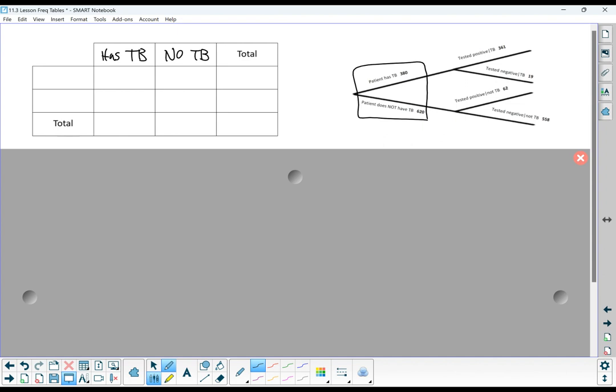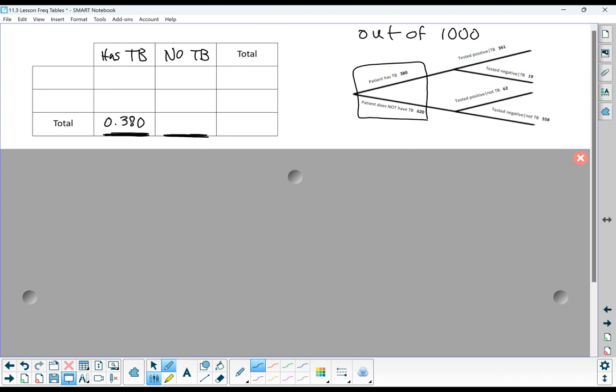So we need to think about the frequency that they have TB, and the frequency that they don't have TB. And these are totals. So it was out of 1,000 patients. For the patients who have TB, that's 380 out of 1,000. And so that's 0.38.